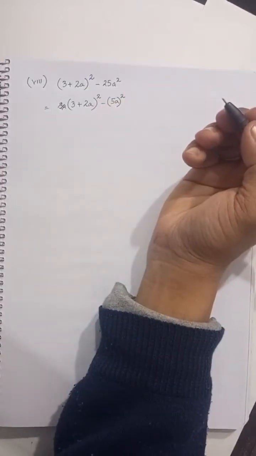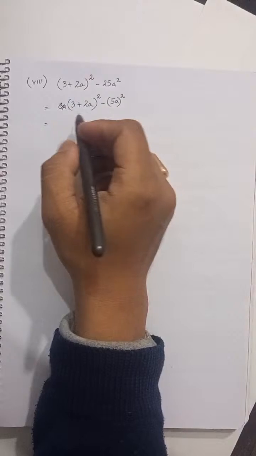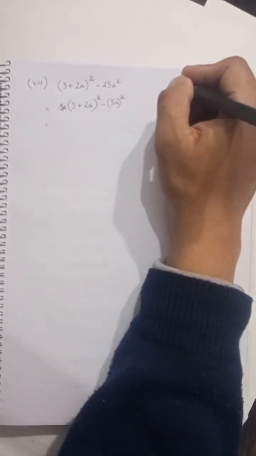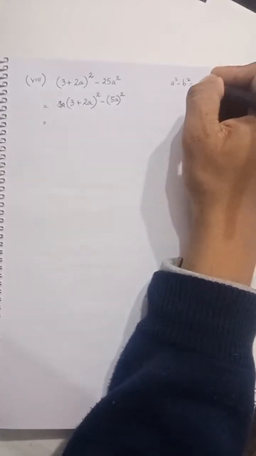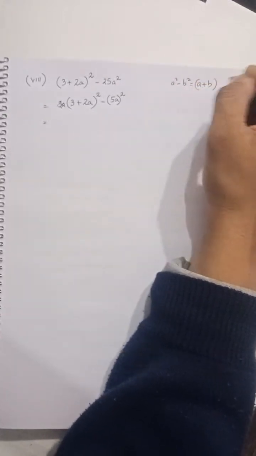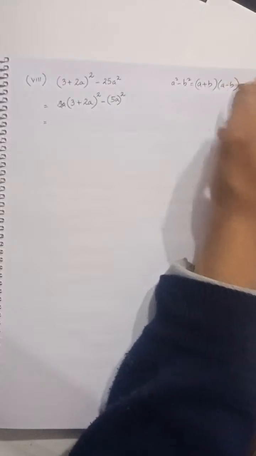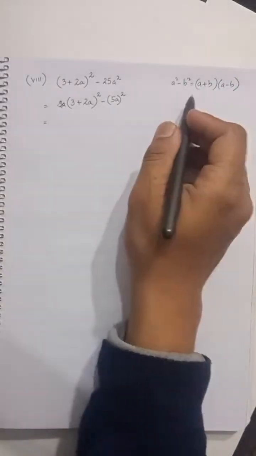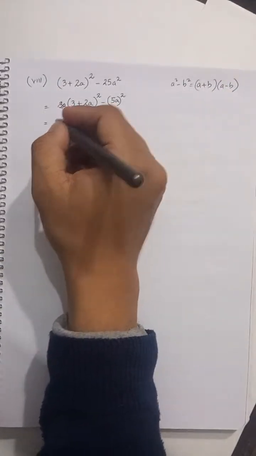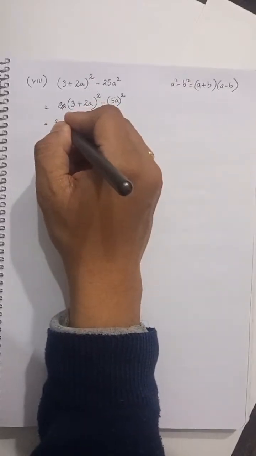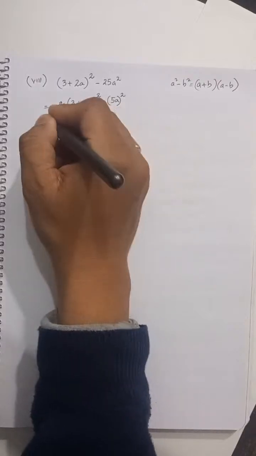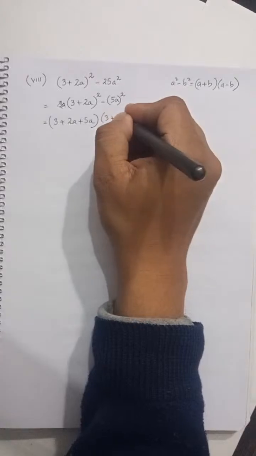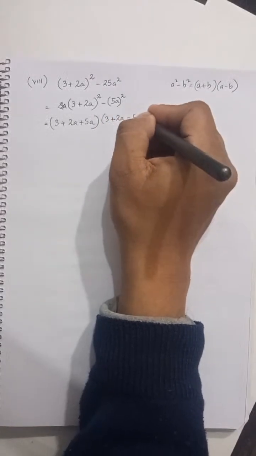Okay, so using the identity, I will just write the identity for you people. a square minus b square equals a plus b into a minus b. Using this identity we can express it as 3 plus 2a plus 5a and 3 plus 2a minus 5a.